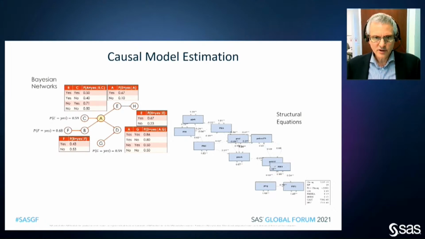Another modeling option, which I like very much, is Bayesian networks. Bayesian networks also rely on graphical models, but through recursive estimation using Bayes' theorem, we estimate probability distributions for each node.